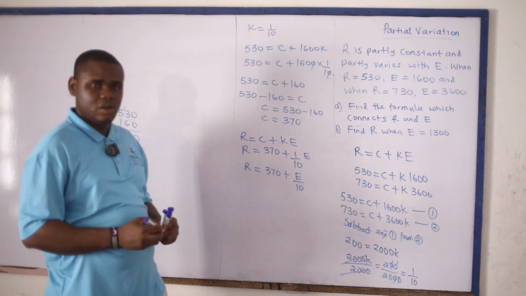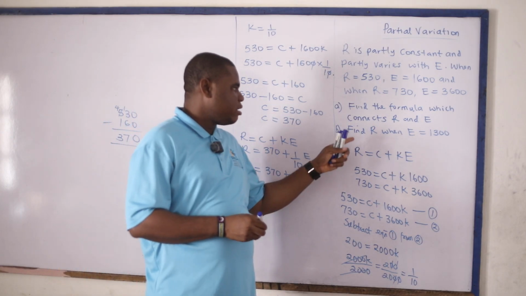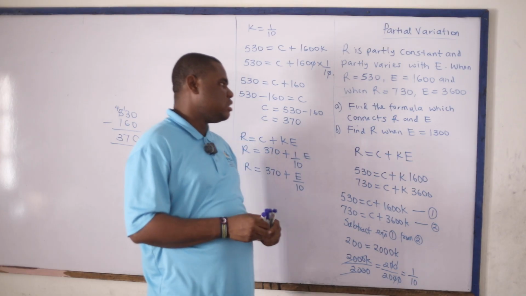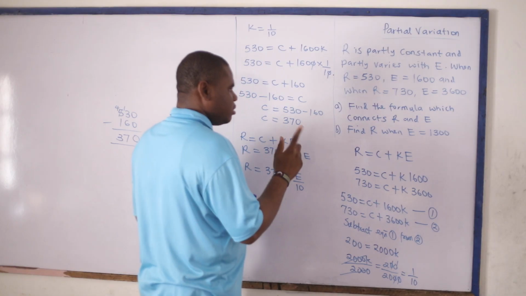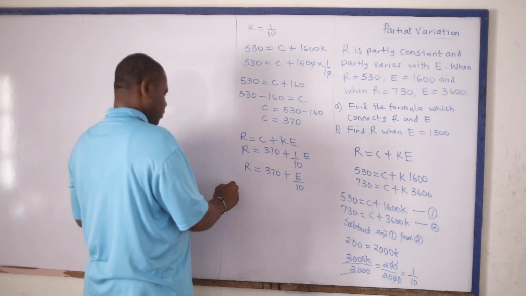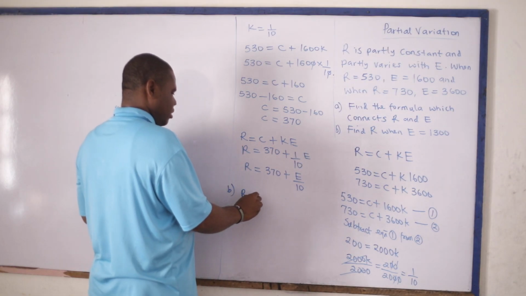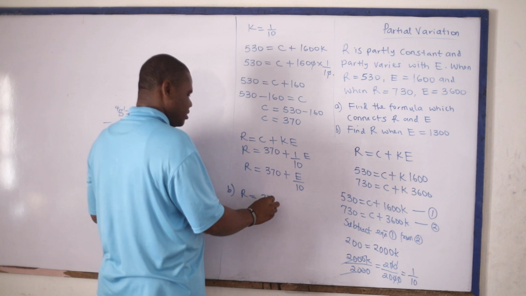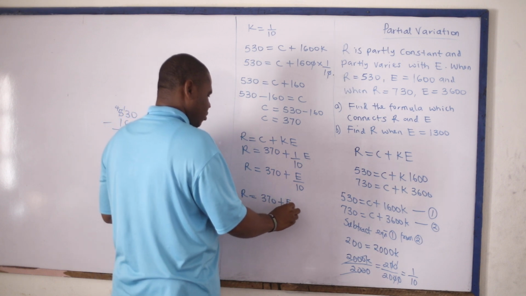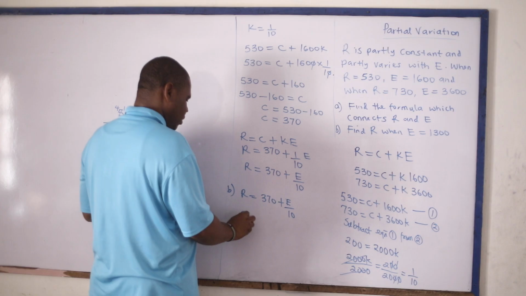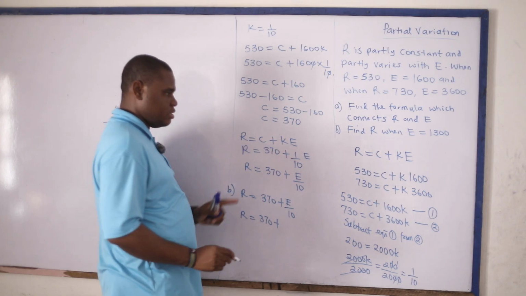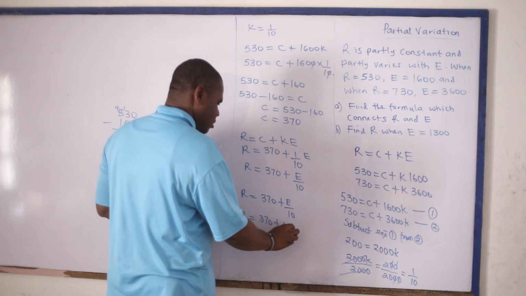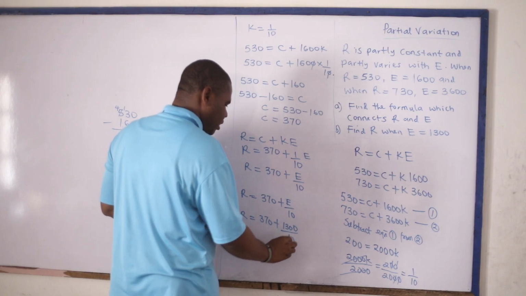Now let's go to the second question. It says, find R when E equals 1,300. For part B, we already know that R equals 370 plus E over 10. So R equals 370 plus the value of E from the question, 1,300 over 10.